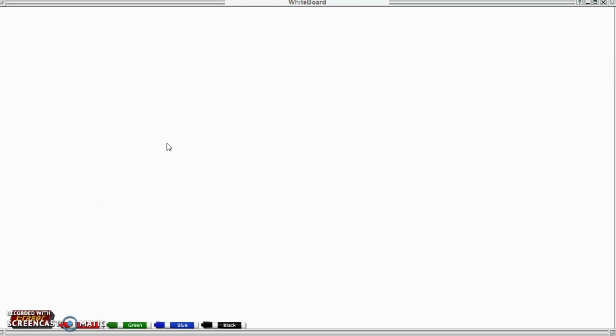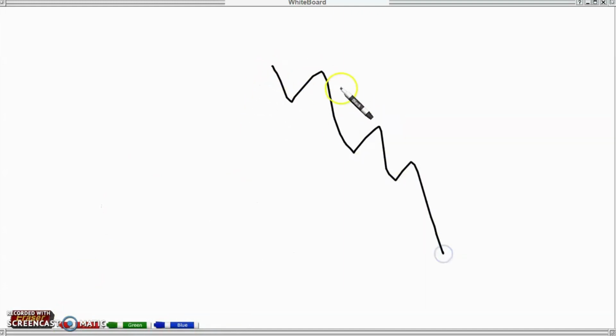So if the market is in a downtrend, I will definitely look for sells the whole time, because it makes sense. If you look for buys on these points, it's going to be tougher for you to make profit. It's just going to be the small move up, the small move up, the small move up. But look at the sell moves.